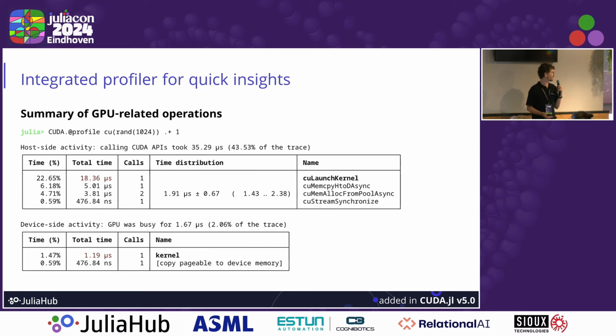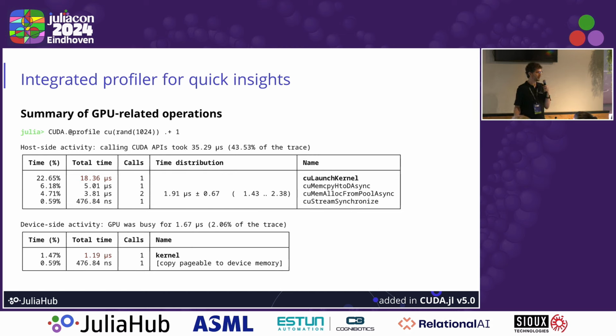So at the top you have also bolded and in red the most expensive operation that happened. And on the CPU side, we see which API calls were required for that, as well as the statistical distribution of the execution times when there was more than one call to that function.